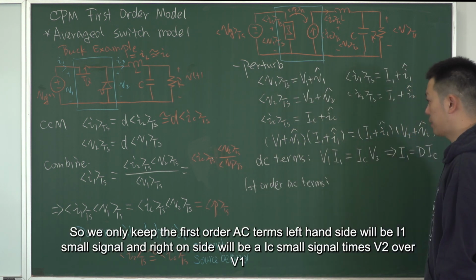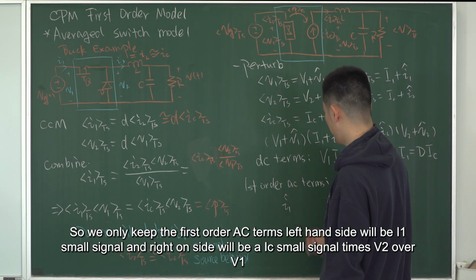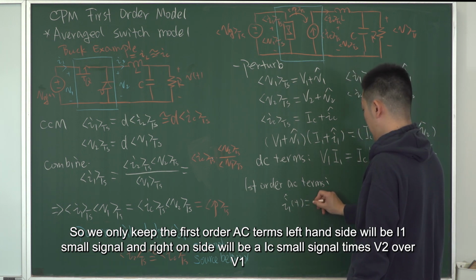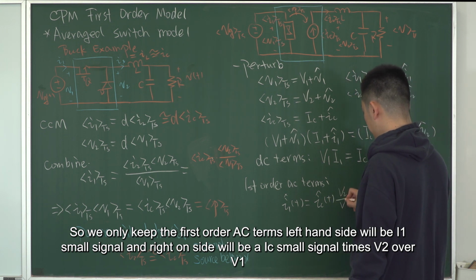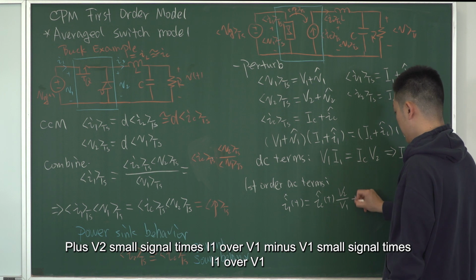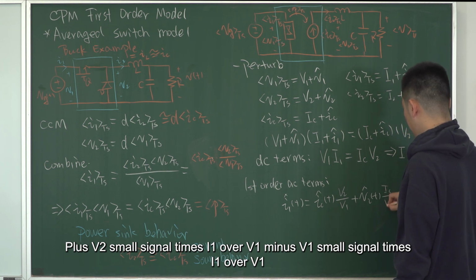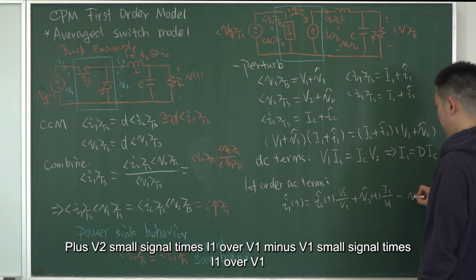So we only keep the first order AC terms. The left-hand side will be I1 small signal, and the right-hand side will be IC small signal times V2 over V1, plus V2 small signal times IC over V1, minus V1 small signal times I1 over V1.